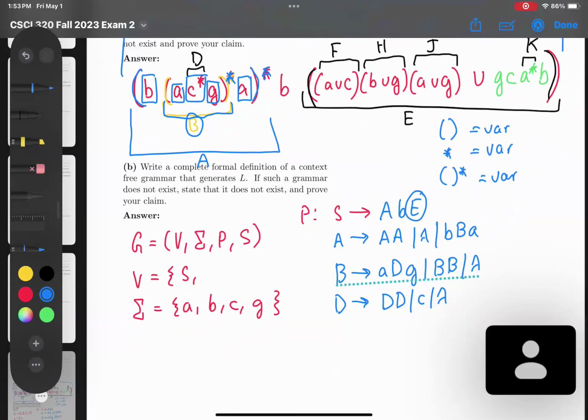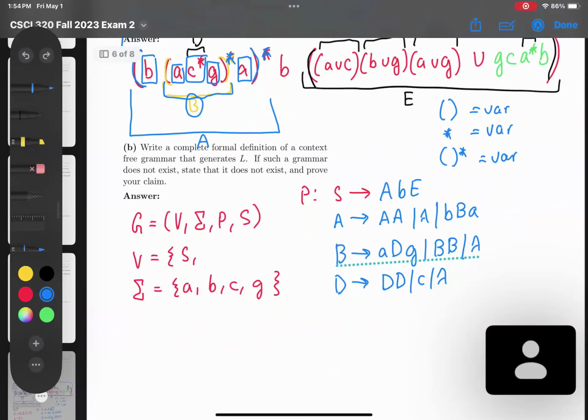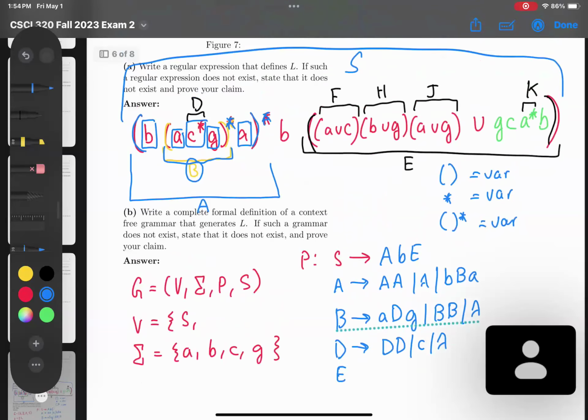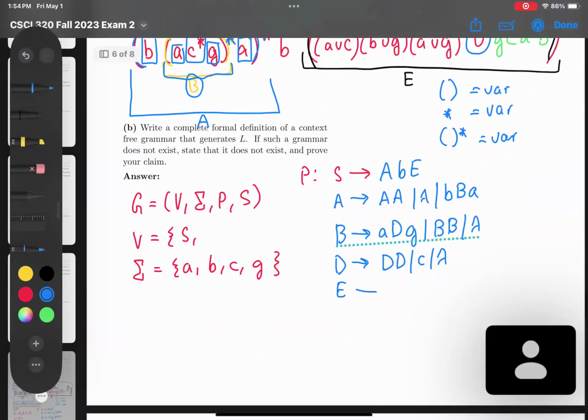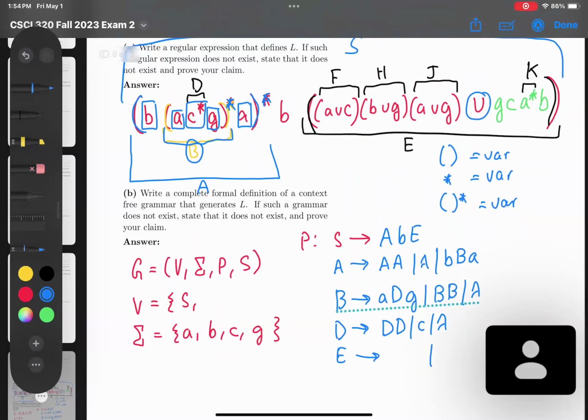We were starting to define E now. And what is E? Well, inside of E, there's a union. So there's supposed to be some sort of bar. It's split into two pieces, right? The first piece is this one, and the second piece is this one.